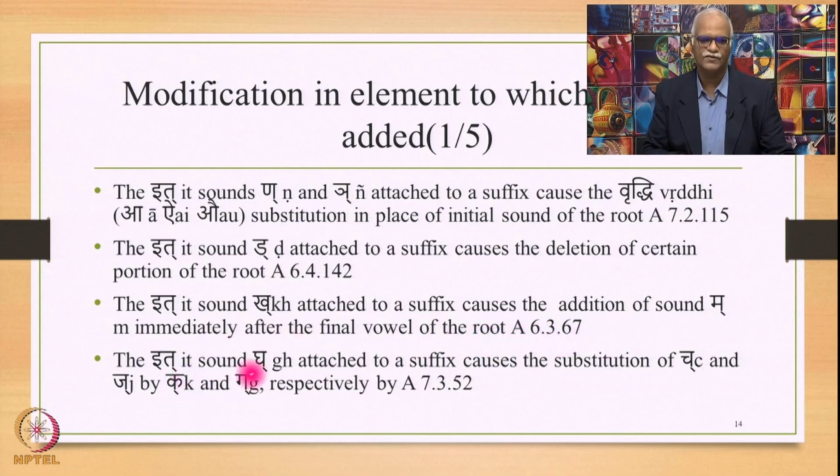Then the it sound gh, which is attached to a suffix, causes the substitution of ch and j by k and g respectively by 7.3.52. Let us study these cases one by one.